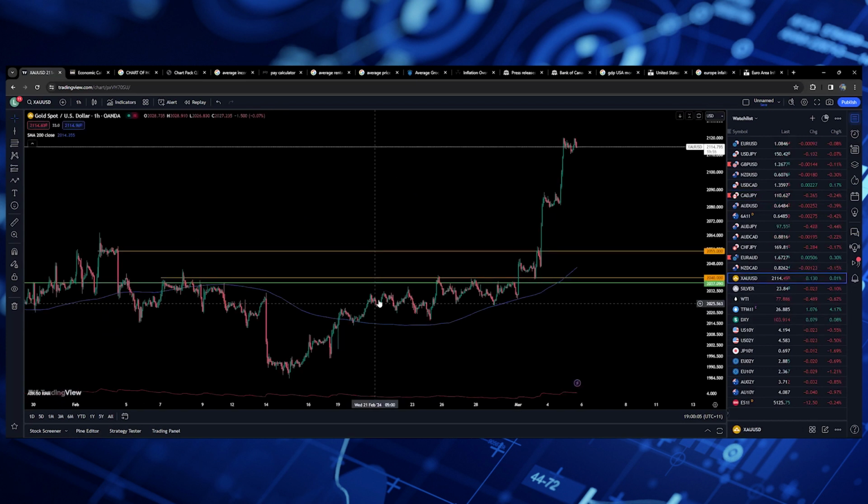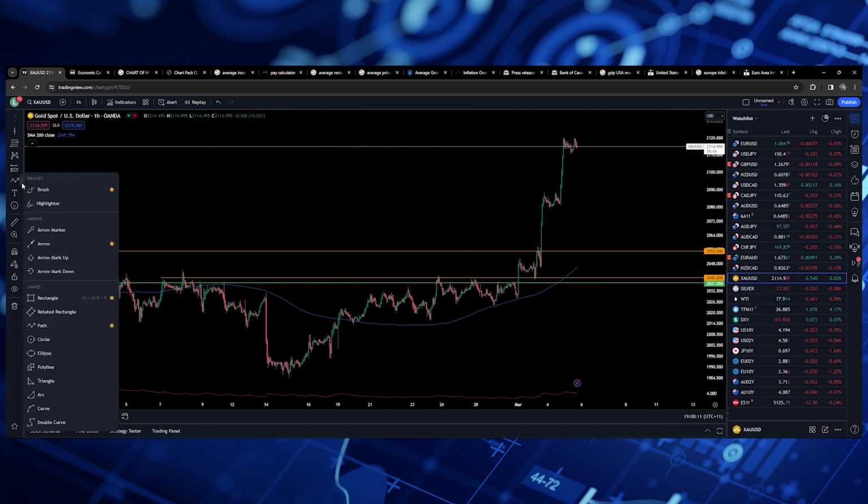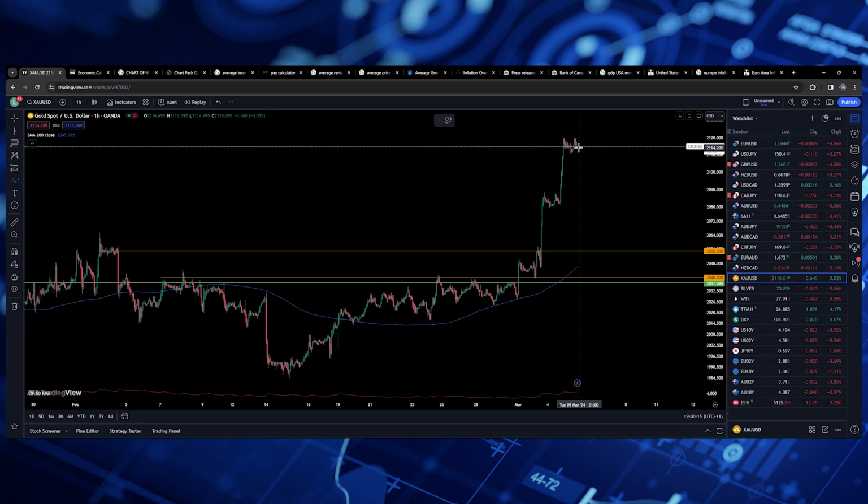Gold is what I've mentioned. Gold, I'm looking at this. I'm looking to probably come back somewhere here, and then here as well. But gold will be most probably with the NFP.